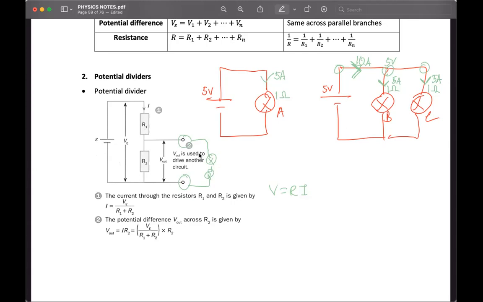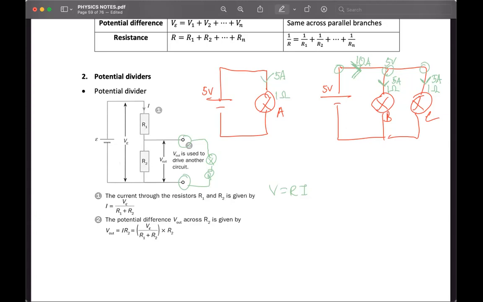I need 5 volt to run my light bulb. So Yiting is asking, if I use V out to power another circuit, how will the charge go through R2 itself? Your current will still flow through R1. At this point, your current will have to decide whether to go to R2 or to the V out.